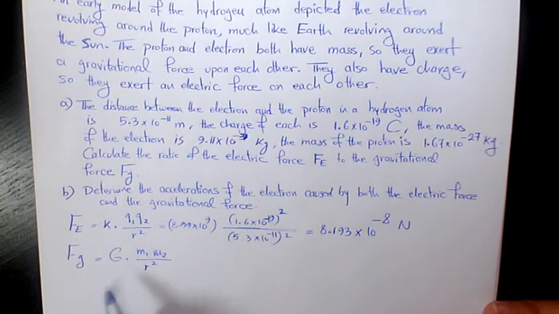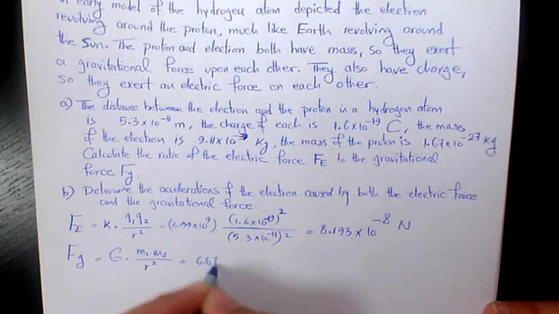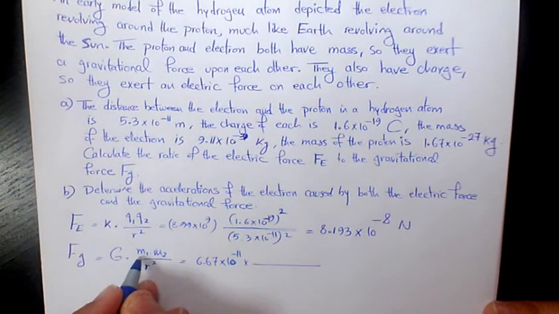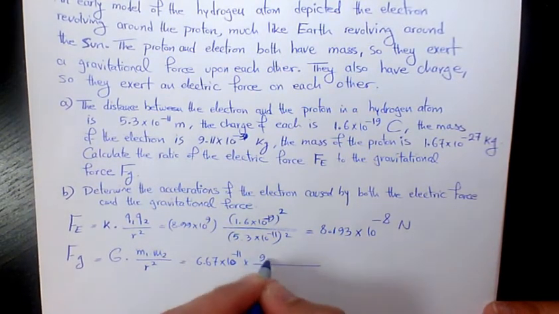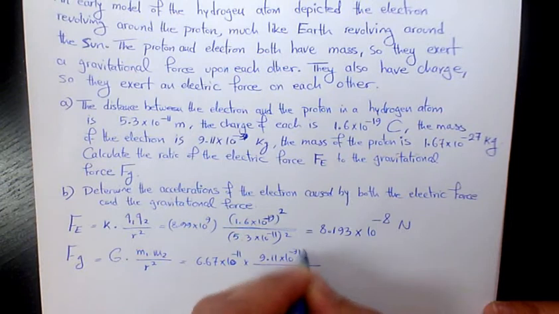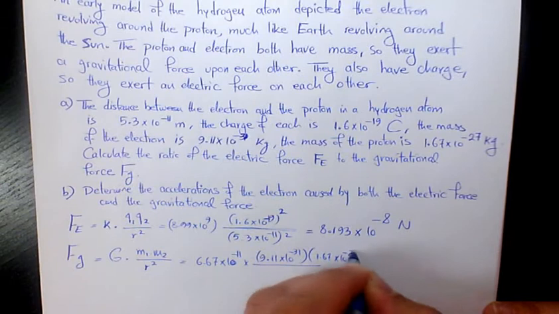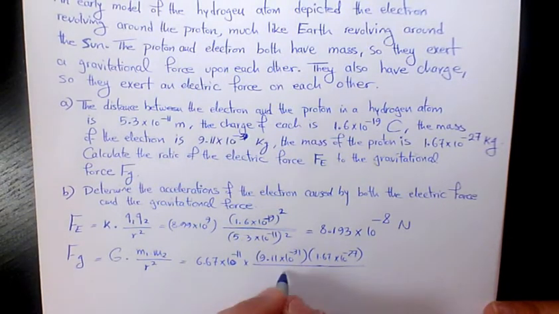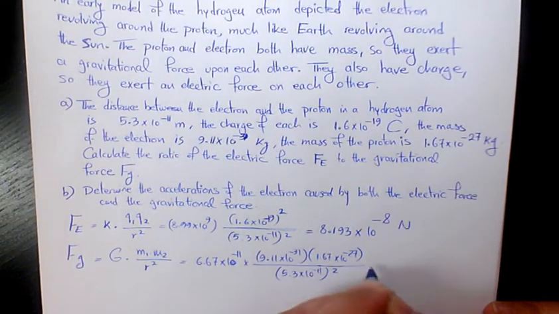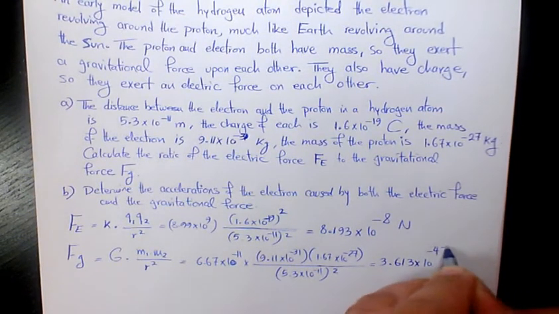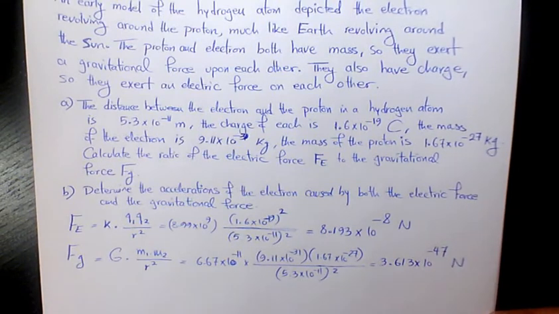G is the gravitational constant, that's 6.67 times 10 to the power of negative 11, times mass of electron times mass of proton, 9.11 times 10 to the power of negative 31 times 1.67 times 10 to the power of negative 27, divided by 5.3 times 10 to the power of negative 11 to the power of 2. That is going to give us 3.613 times 10 to the power of negative 47 Newton.